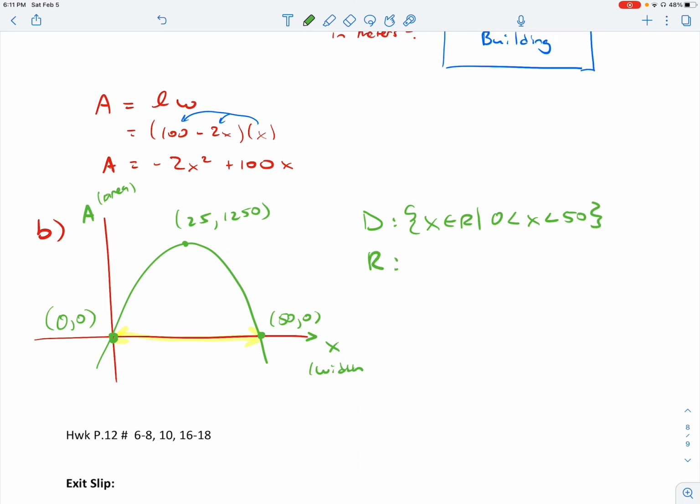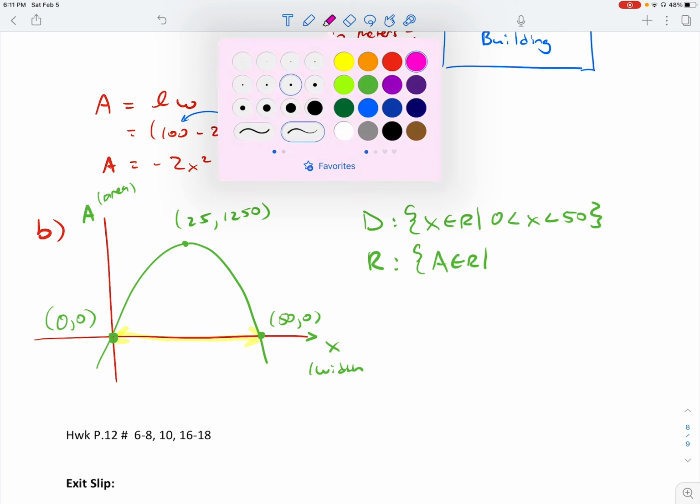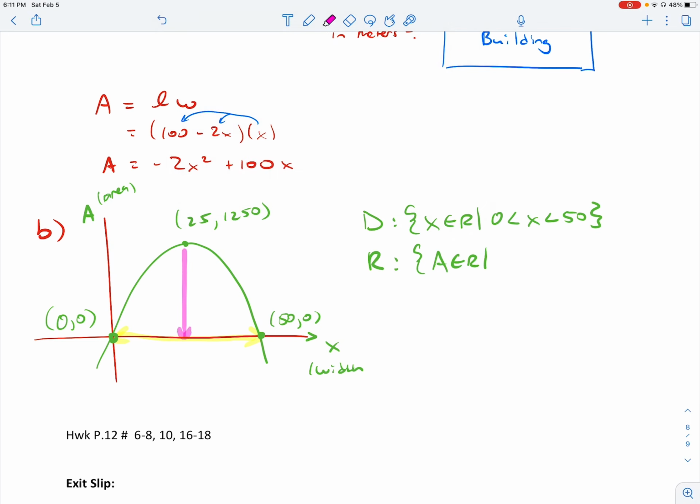The range, which represents my values for area, we're going to say A is an element of R. And for the area, the smallest value can be 0, and it goes all the way up until 1250. So we have everything from here to here. So we can say A is greater than 0.